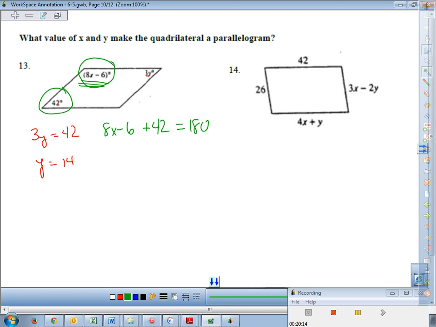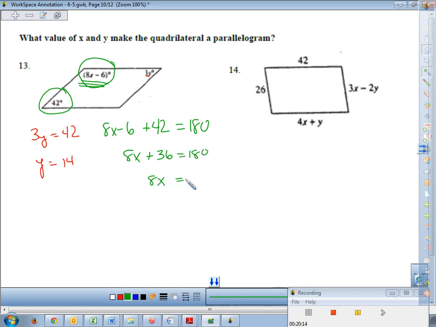Kind of shows that since these are consecutive angles, they have to be supplementary. So that's 8x plus 36 equals 180, right?